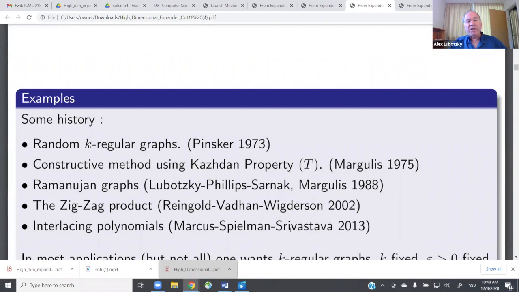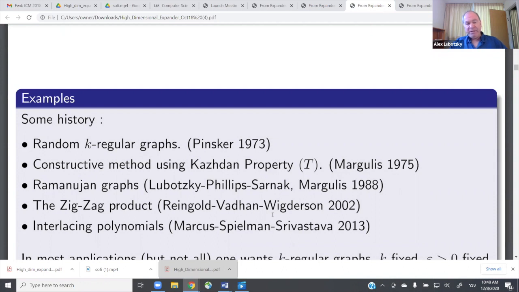Anyway, very quick history. As I said, random k-regular graphs were proved by Pinsker. Margulis used Kazhdan property T. Ramanujan graphs were constructed in the 80s by a few of us. Avi with Reingold and Vadhan in 2002 came with the zigzag product, which is, I think, even up to now, the only elementary method known to get explicit construction of expanders.